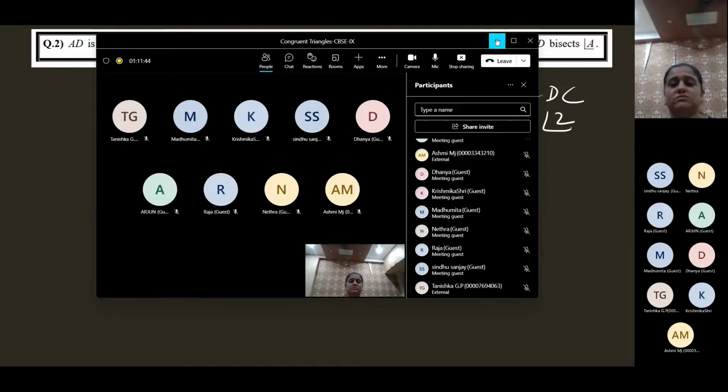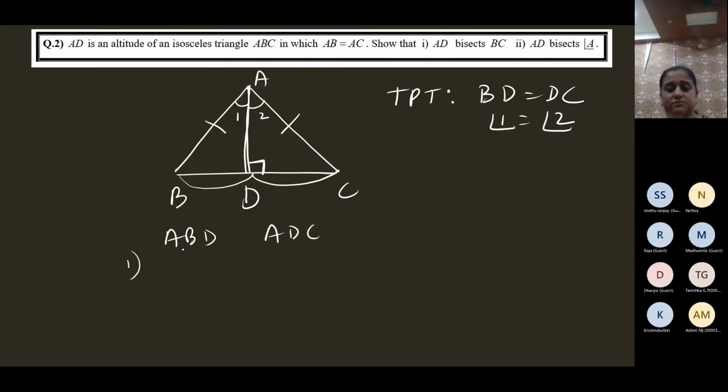Srijana, Arjun. Ma'am, AD is equal to AD. It's common, ma'am. Okay. And AB is equal to AC.